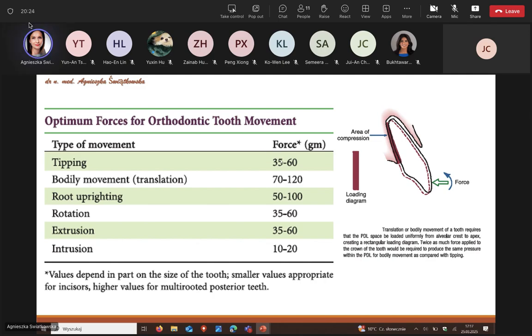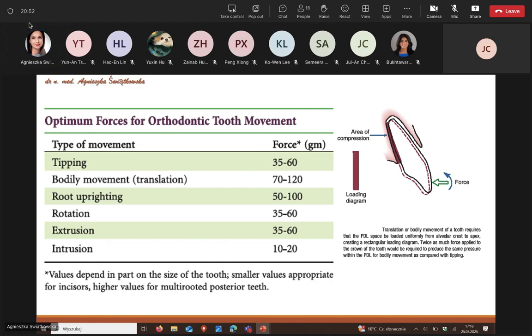As you see, we don't need a huge force to achieve this kind of movement. Bodily movement. What does bodily movement mean? This is translation. So when we add force, it changes the position of all parts of the tooth, so crown and root go in one direction.